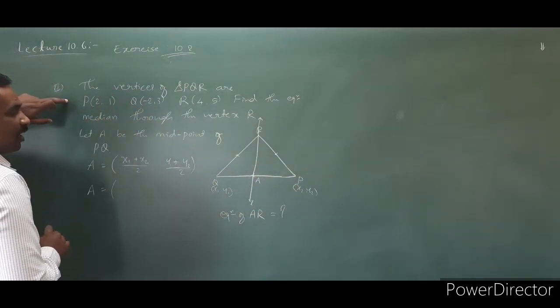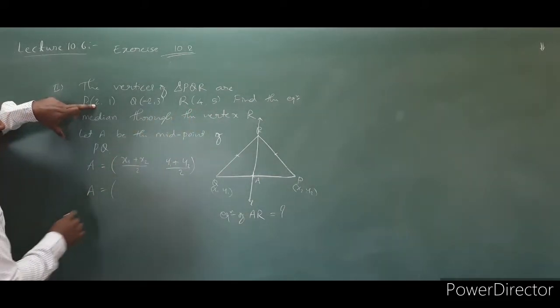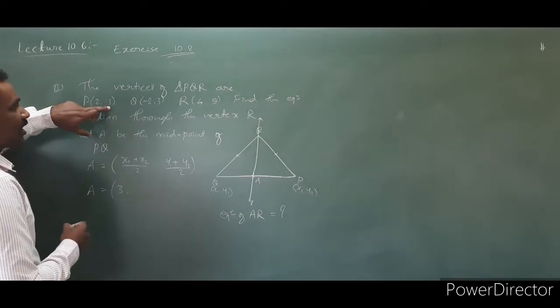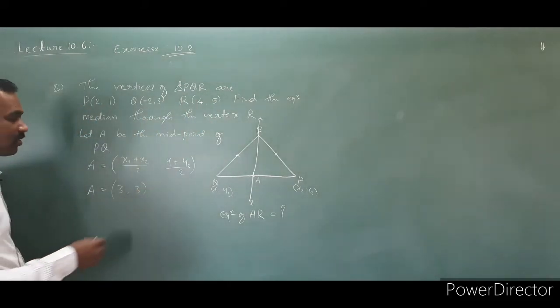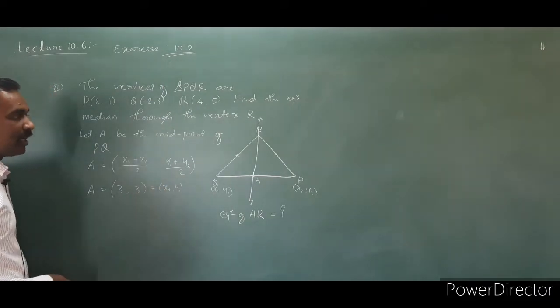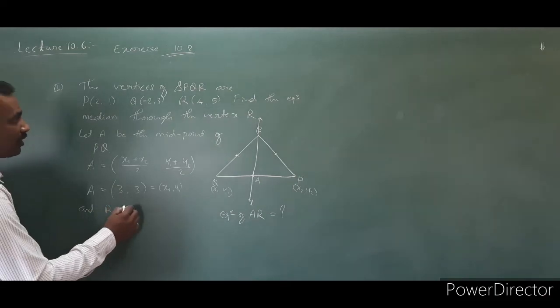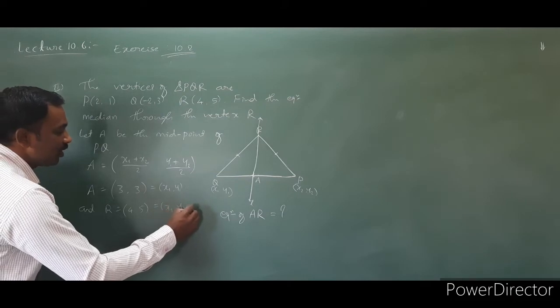X1 plus x2: 4 plus 2 is 6, 6 by 2 is 3. Next, 1 plus 5 is 6, 6 by 2 is 3. So A is (3, 3). I consider this x1, y1. The R point we know: 4, 5. This I consider x2, y2.